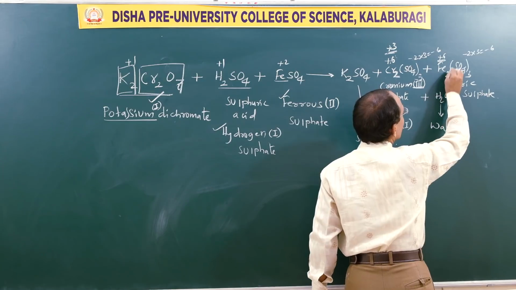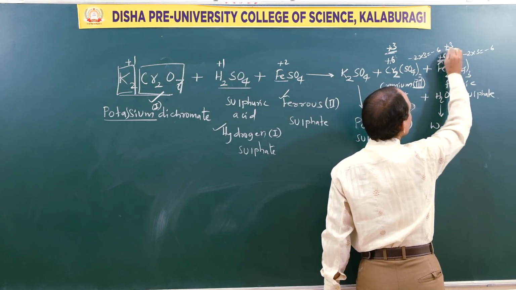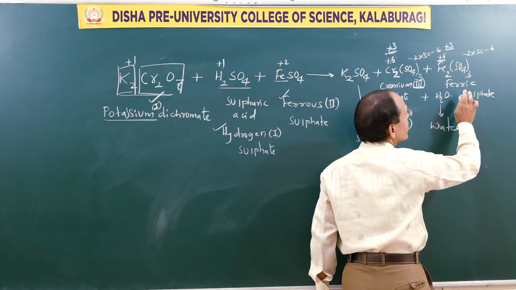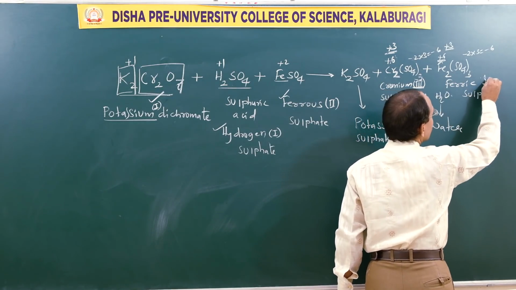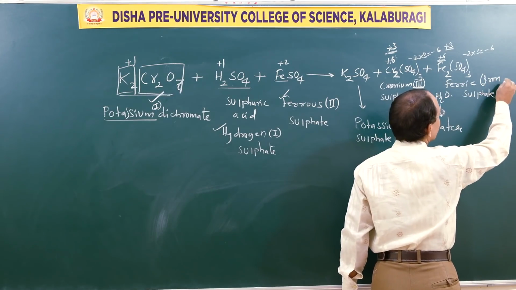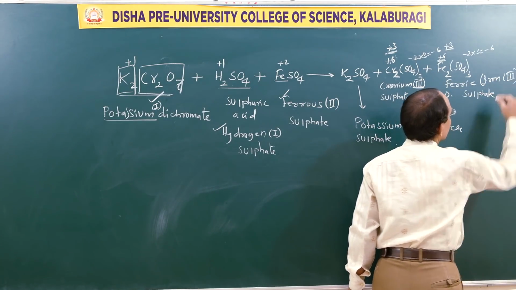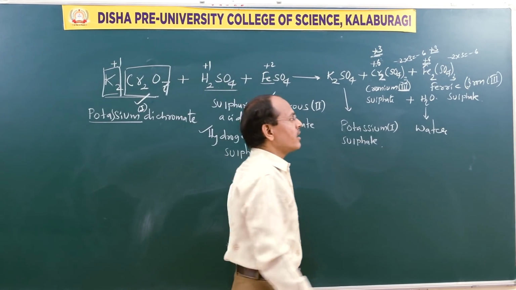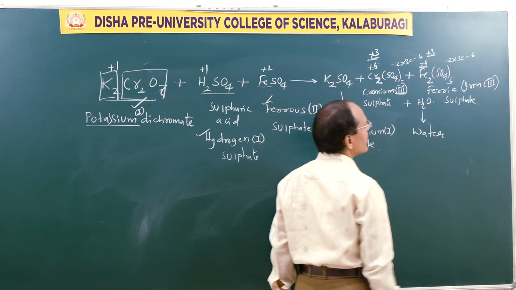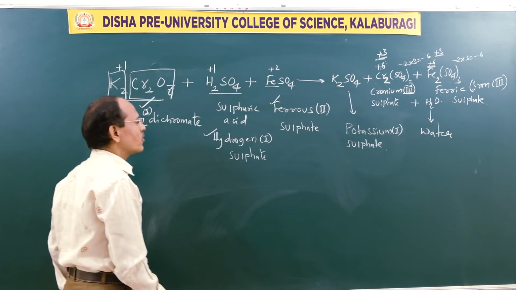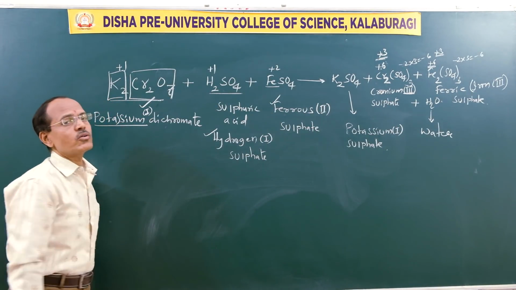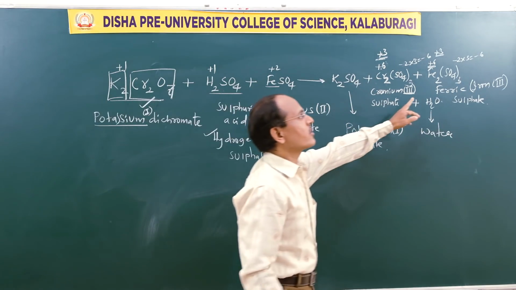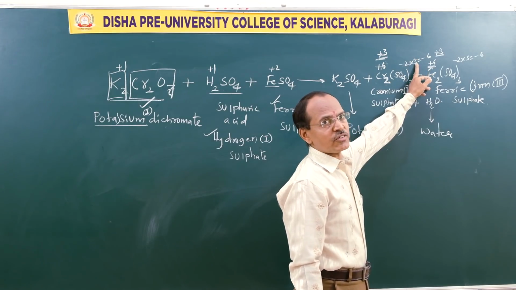There are 2 irons, so 1 iron should again be +3. Therefore I can write ferric. Instead of ferric I can put the word iron, iron Roman 3 sulfate, or simply ferric sulfate. That is how to write the names also. If I put ferric, it itself indicates the +3 oxidation state.